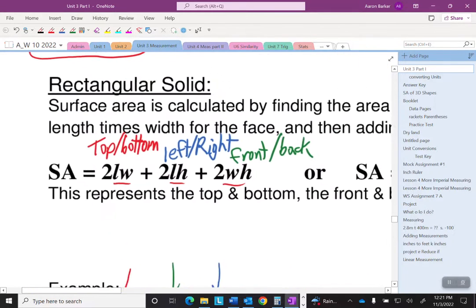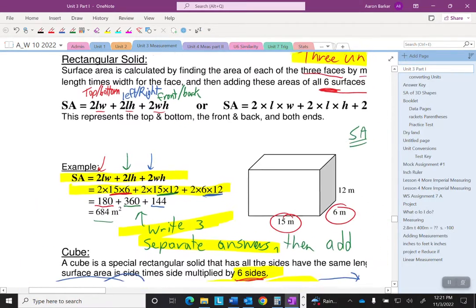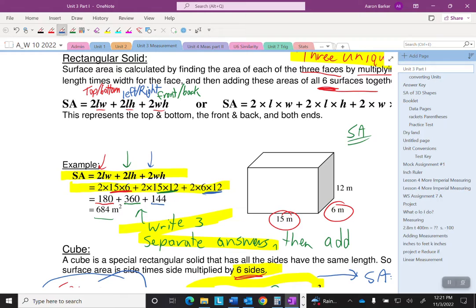Then the left and the right, or L times H, length and height, that's going to be the, in blue, 12 times 6 multiplication. Okay. So what's the other set of multiplication that's left over? What 2 numbers have not been multiplied? The 12 and the 15. The 12 and the 15 will be the front and the back. Okay, so there's definitely some sides you don't see.